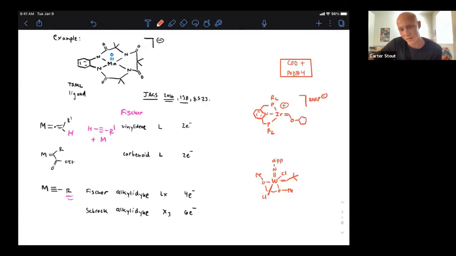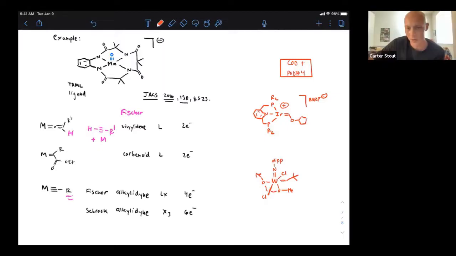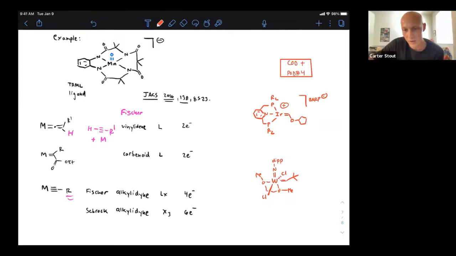Oh, I guess if BARF is coordinating, then BARF is outer sphere. Okay, then coordination number 5. So how are you getting 5, Carter? Getting 5 from 2 lone pairs from the enolate kind of species.